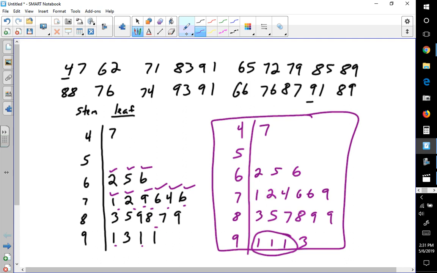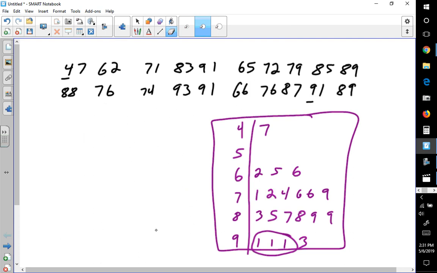Now, one thing that I like that this book does is it has a key. Usually somewhere it'll say for this 7 equals 47.